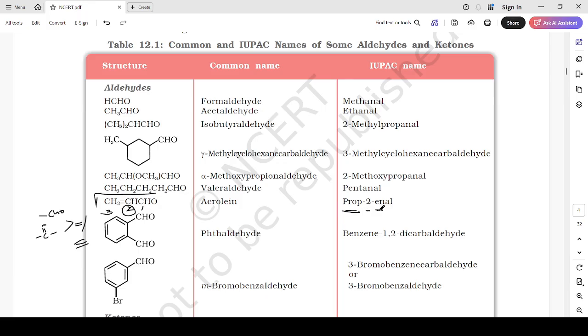So 2-ene and it is an aldehyde, al. Prop-2-enal. If the name is given, how do you construct it? It's a prop, 3 carbon. It contains aldehyde. 1, 2. The second carbon there is ene. So put a double bond.